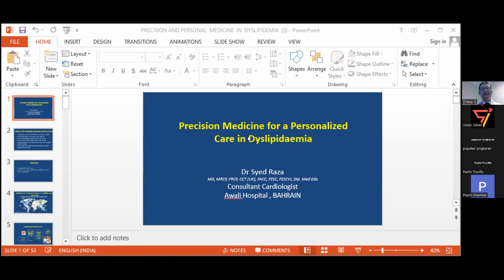So the whole paradigm shift is that we don't look only at the cholesterol level, not only at the LDL level, but each individual has to be assessed individually, putting in all the parameters of the risk factors: age, ethnic background, diabetes status, high blood pressure control, weight, smoking history, family history, and so on.